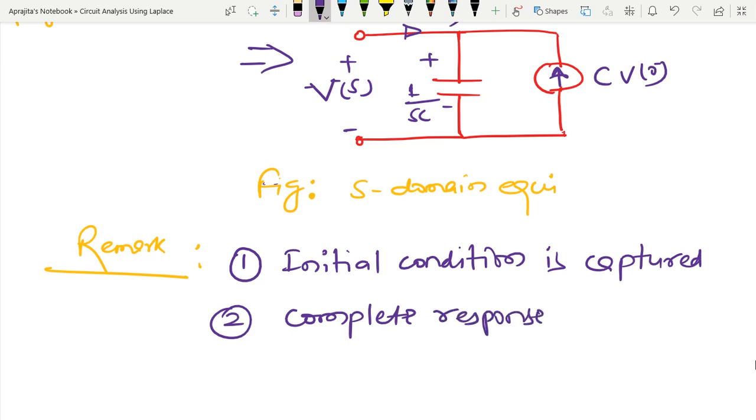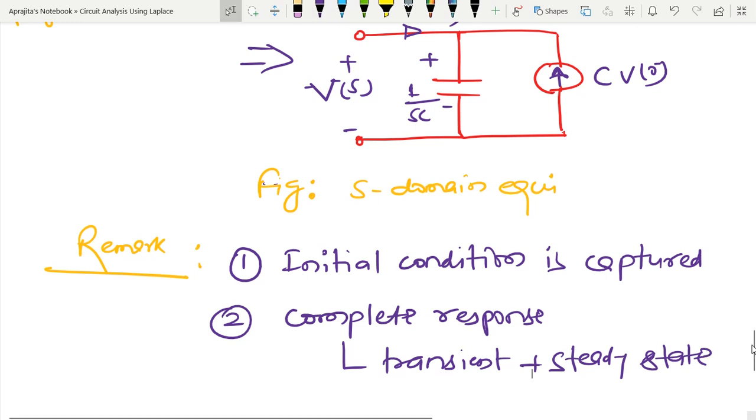So it means that I have two responses, that is transient plus steady state. So that is the advantage of the S domain over the phasor domain.